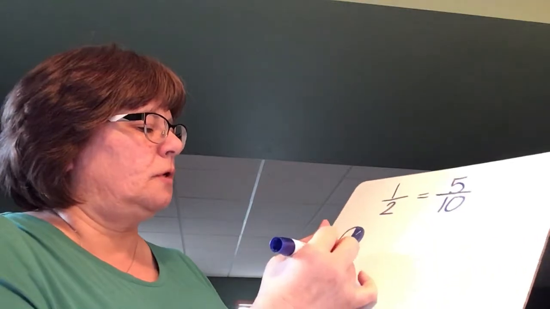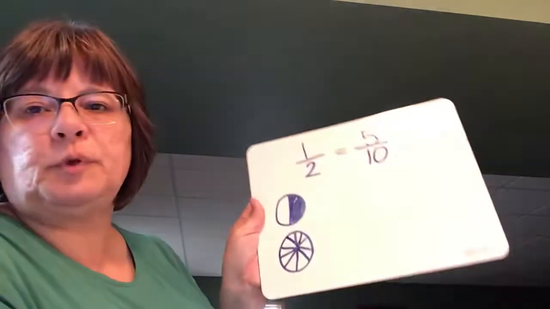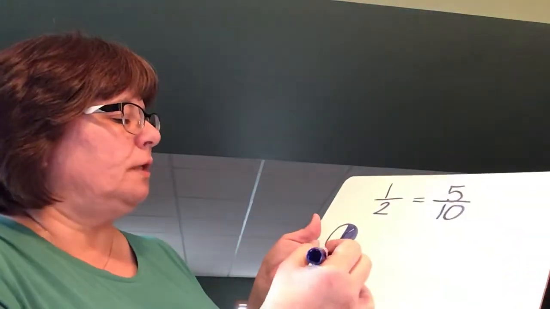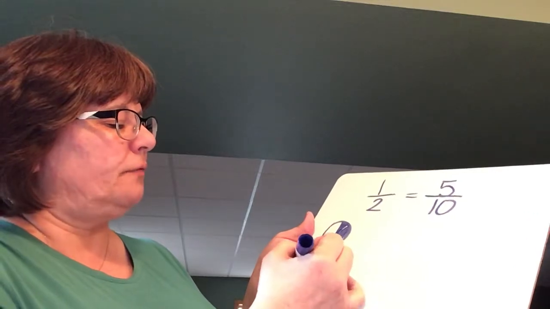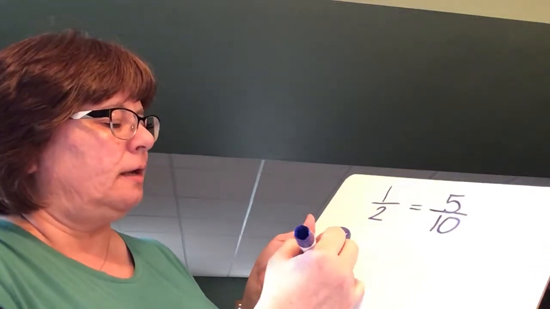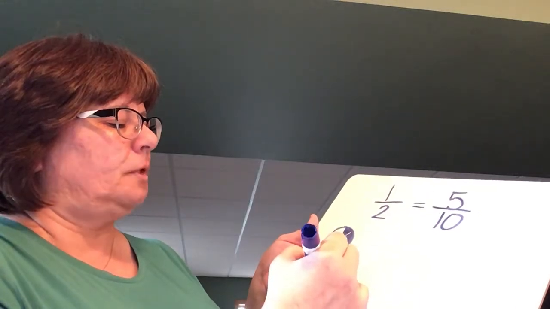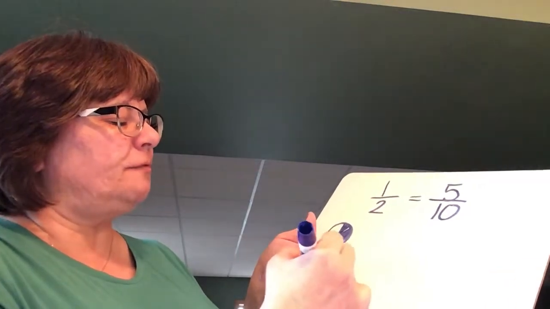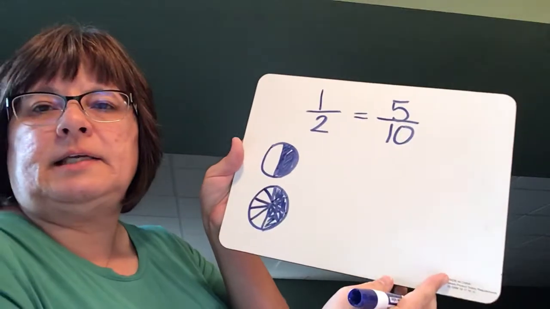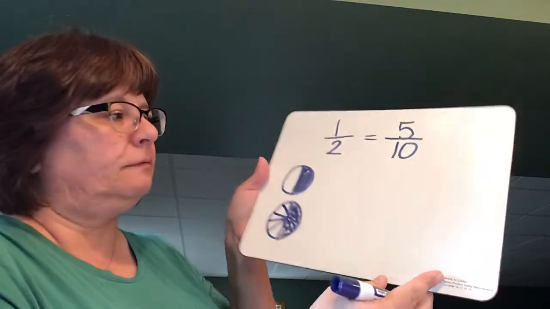There. Okay. Pretend they're equal. 1, 2, 3, 4, 5, 6, 7, 8, 9, 10. Okay. Then I'm going to color in, shade in to show that 5/10. I'm justifying that 5/10 is equal to 1/2.